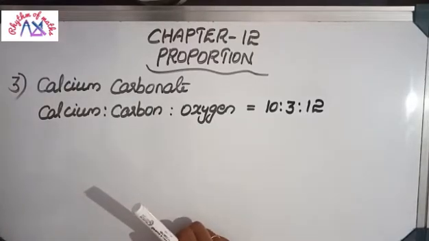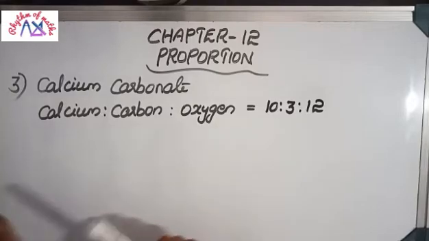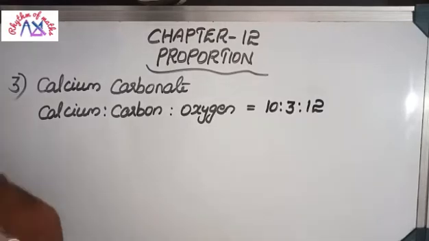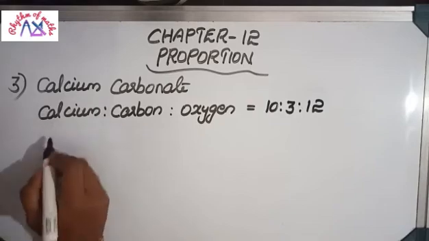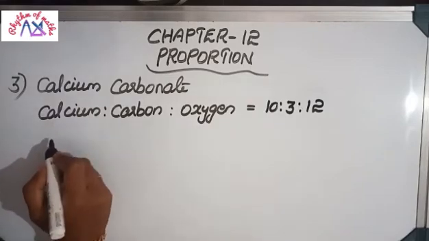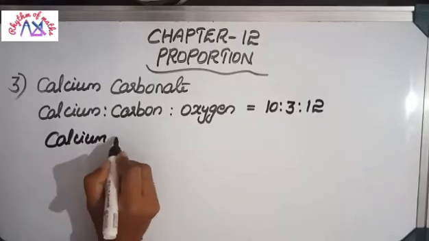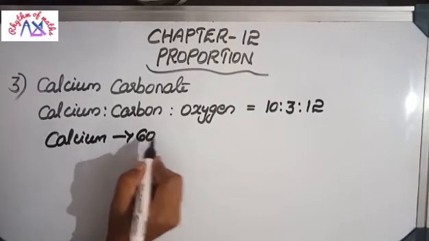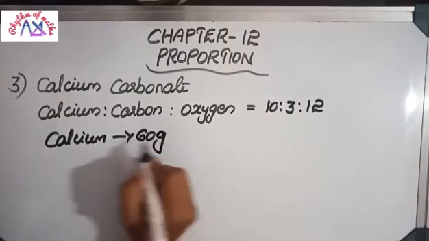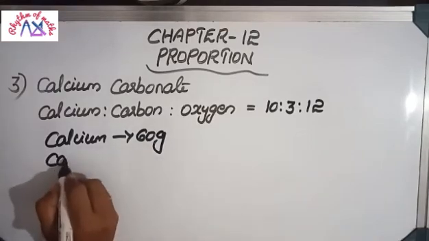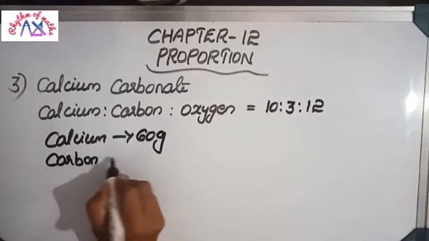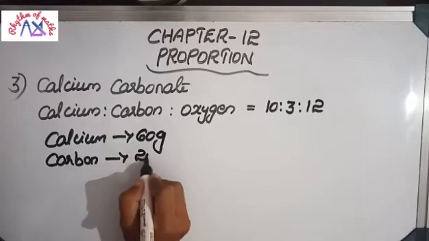Now in our question, 150 gram of compound was analyzed, and when analyzed, we get the amount of calcium, carbon and oxygen. First, calcium we got as 60 gram. Then carbon, 20 gram.